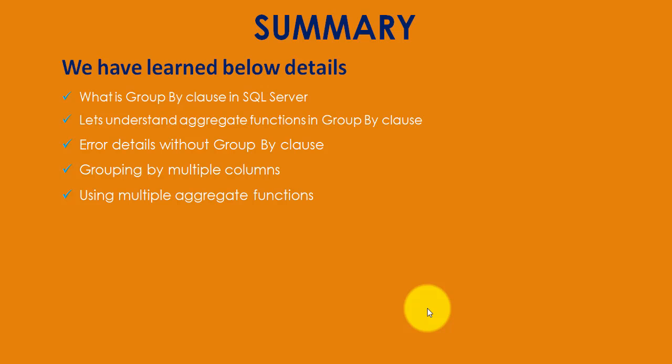It shows an error that the column name you have mentioned along with the aggregate function should be inside an aggregate function or used in the group by clause. So there are two conditions for the group by clause: either the column should be used in an aggregate function, or it should be used in the group by clause. These two conditions should be satisfied, otherwise you'll get an error.